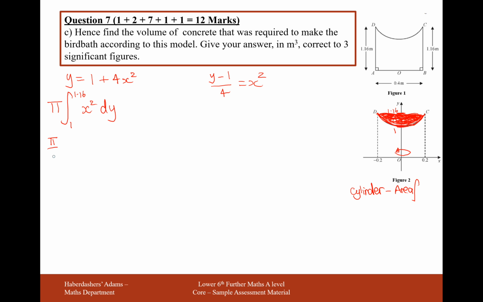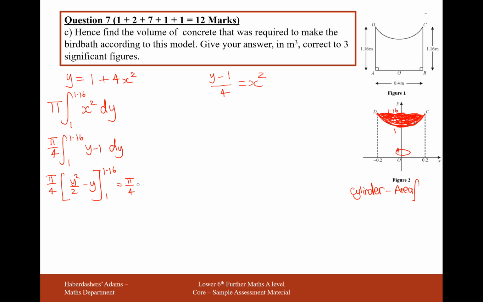So pulling the divide by 4 out to the front, we're going to get the integral from 1 to 1.16 of y minus 1 dy. This part here is easy to integrate, so we'll just do it straight away. Y squared over 2 minus y, from 1 to 1.16.